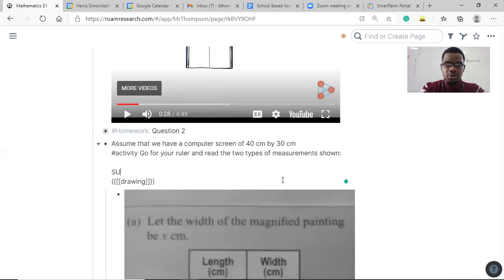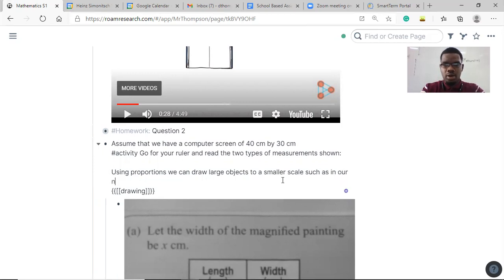So we're gonna say using proportions, we can draw large objects to a smaller scale, such as in our notebooks.